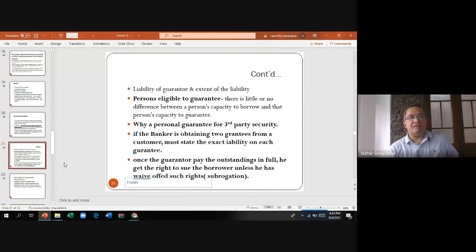Okay. If the bank is obtaining 2 guarantees from a customer, it must state the exact liability on each guarantee. You have to inform the customer, this is your liability over this guarantee, this is your liability over that guarantee. Once the guarantor pays the outstanding in full, he gets the right to sue the borrower unless he has waived such rights.